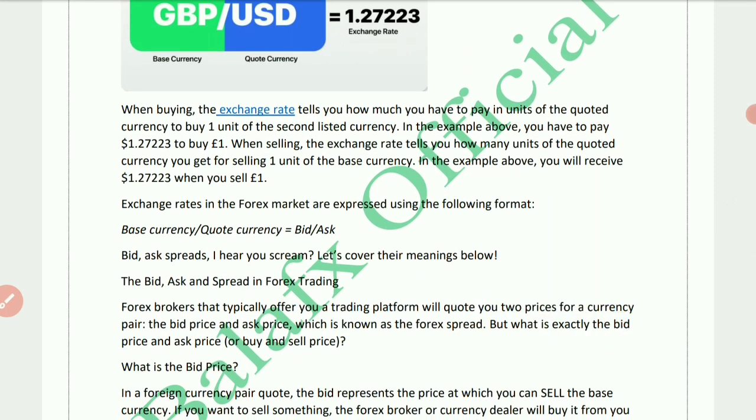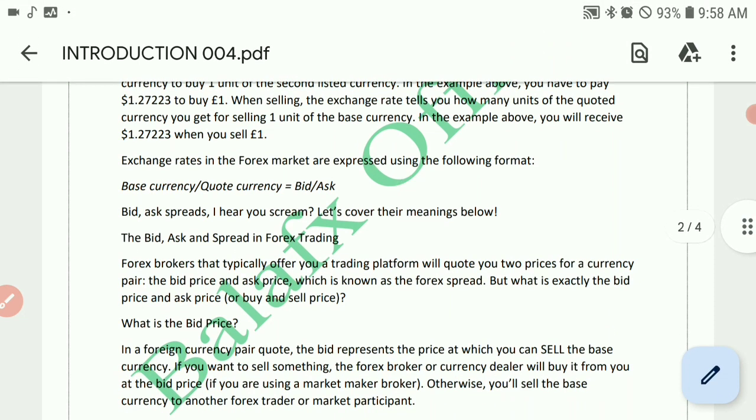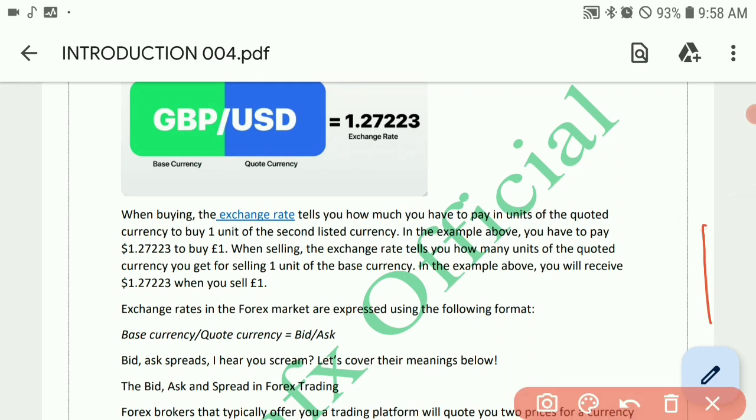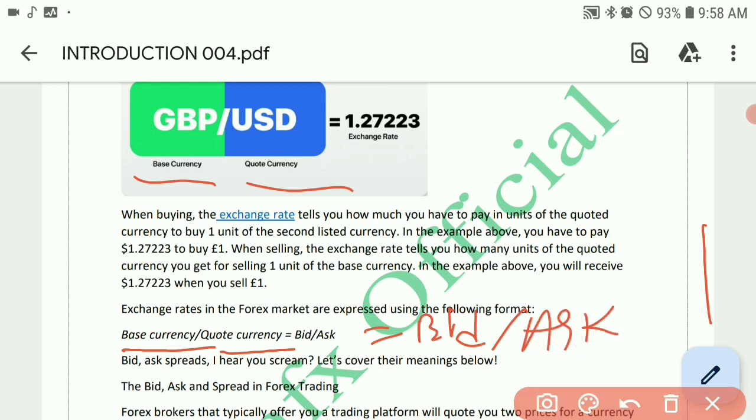The exchange rate in forex is expressed using the following format: base currency and quoted currency. The terminology in forex uses these two: base currency and quoted currency, which equal bid and ask price.